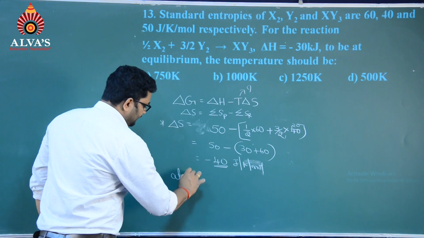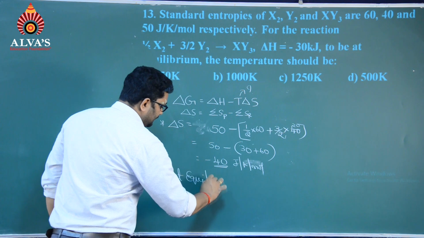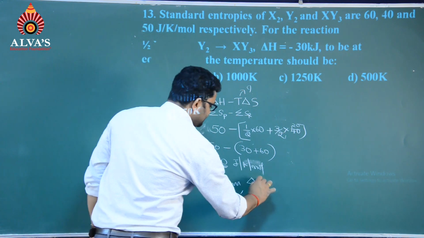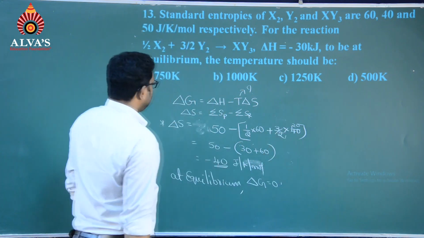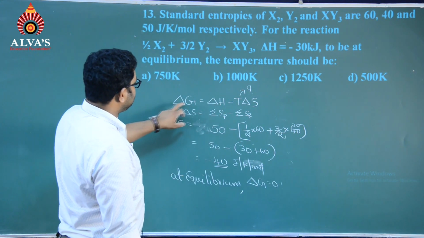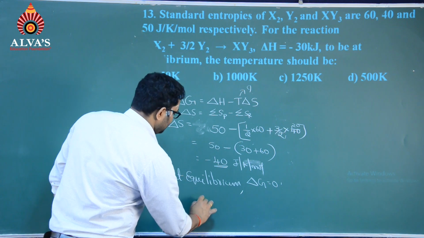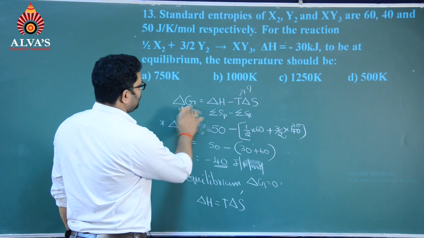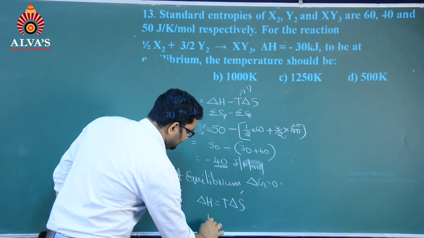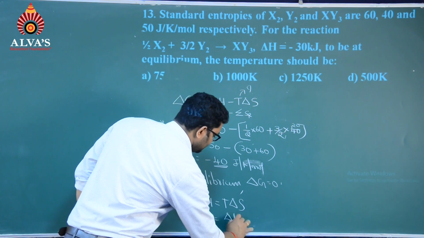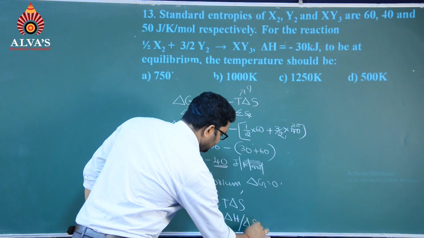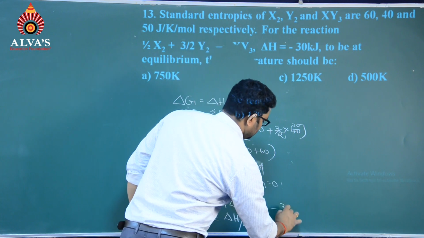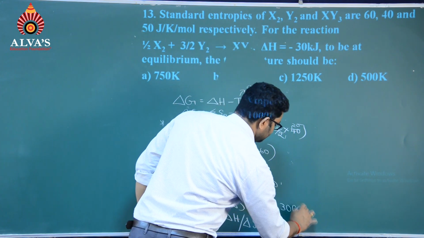Now students, at equilibrium, the value of delta G is 0. If the value of delta G is 0 means delta H becomes T delta S. Delta H is T delta S. T is nothing but delta H by delta S. The value of delta H is minus 30,000 joule.